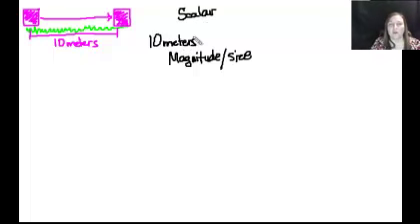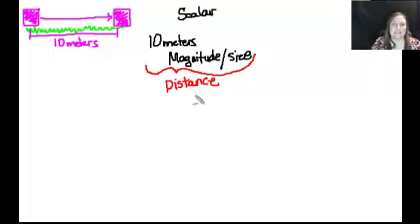So when we refer to a quantity like 10 meters, and we know that it's giving us the magnitude of a movement or the size of a movement, what are we really referring to then? We're referring to distance. All right, so this 10 meters is really distance.